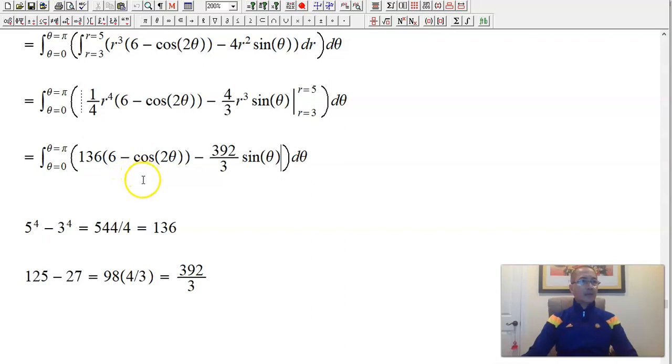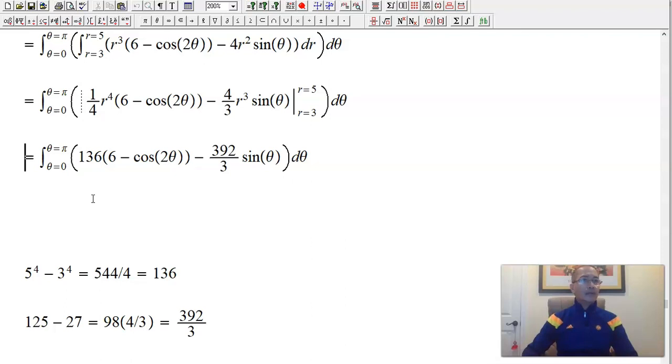We are just about ready now to do our outer integral. What are we going to get? So 136 has to distribute through. Let me do the product by 6. So we have 816 theta for our first term, minus 136 cosine 2 theta.